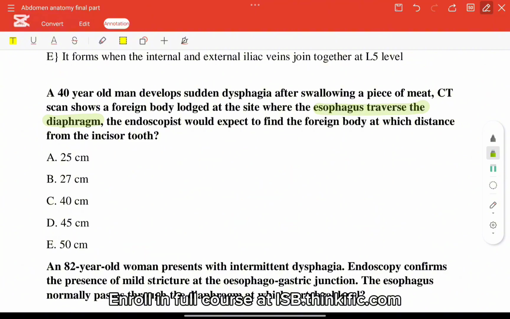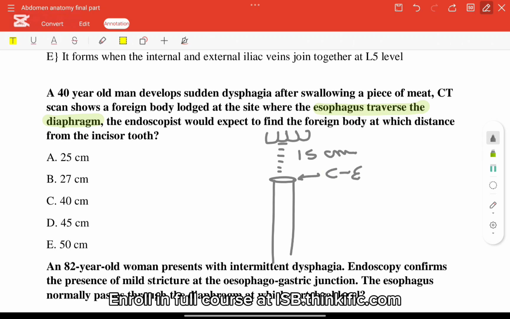From the incisor teeth, at a distance, so if we'll revise quickly. From the incisor teeth until the beginning of the esophagus is 15 centimeters. This is called cricoesophageal junction. At approximately 25 centimeters, we have the constrictions imparted by the left bronchus and arch of aorta.